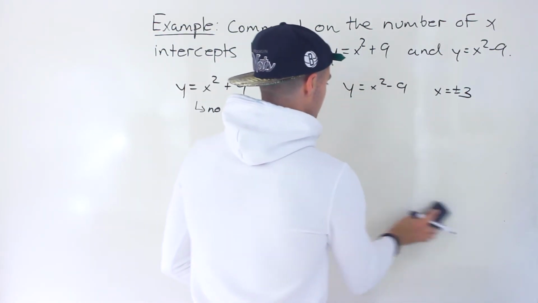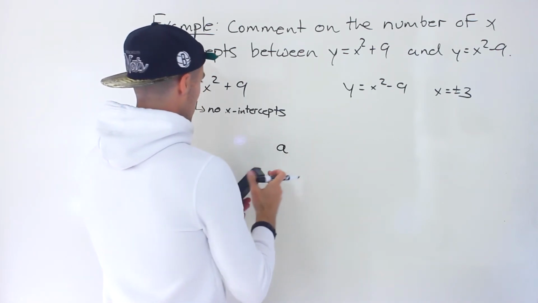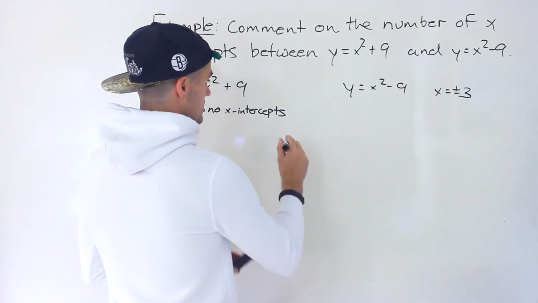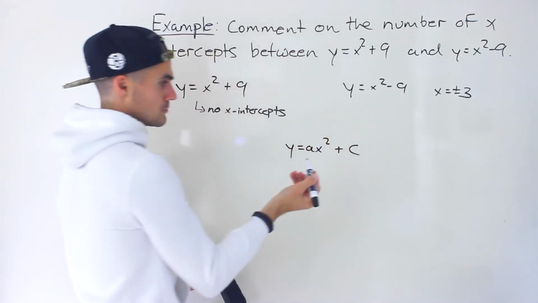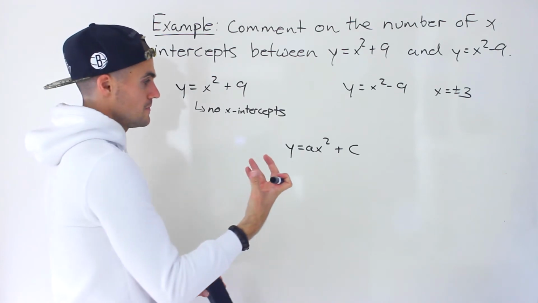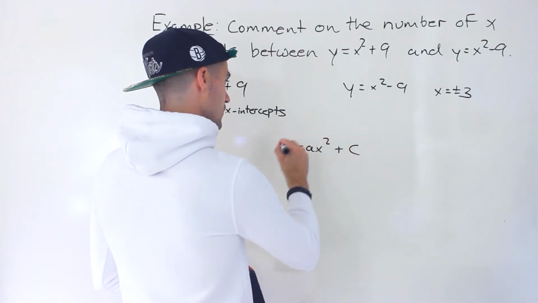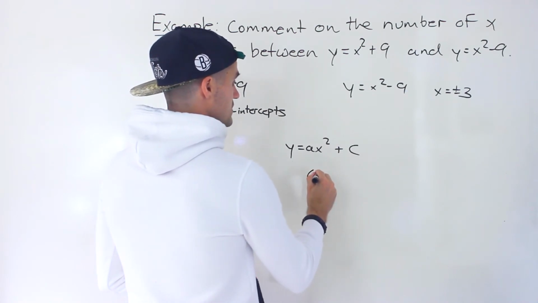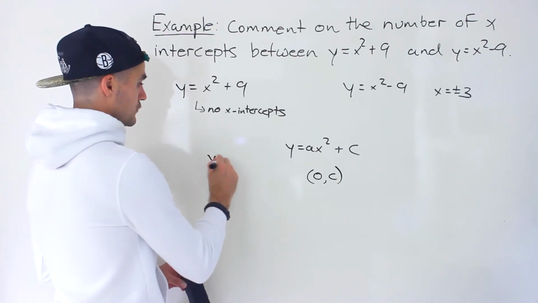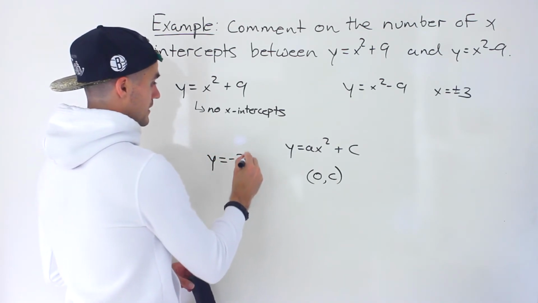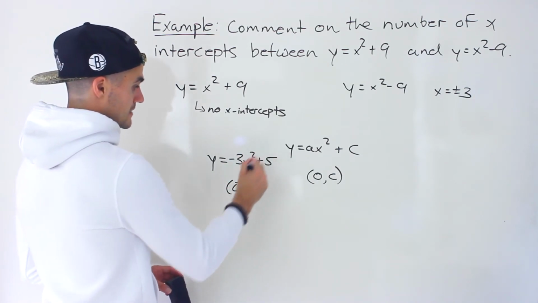Now graphically, if you remember, if you have a quadratic in the format y equals ax squared plus c, that bx term is not there, the b value is 0. I've mentioned this countless times in previous videos. If you have a quadratic like this, the vertex is always going to be 0 and the c value. For example, if you have y equals negative 3x squared plus 5, the vertex is going to be 0 and 5.